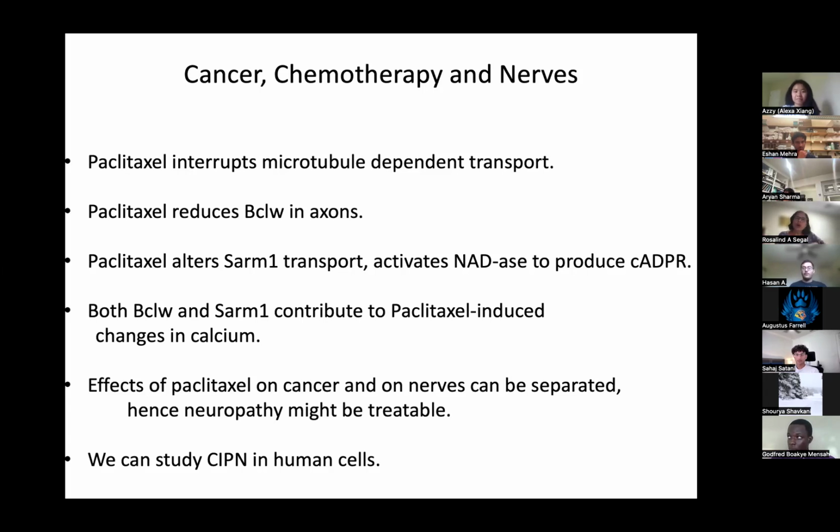And as we use our reductionist thinking and the biology of the system, we can then begin to translate that into ways of treating patients and preventing this degeneration, either using BCLW mimetics, SARM inhibitors, or cyclic ADPR inhibitors. And importantly, it seems as if we can treat the degeneration without preventing the treatment of the cancer. And we can also study this in human cells so we can understand the variability between patients.